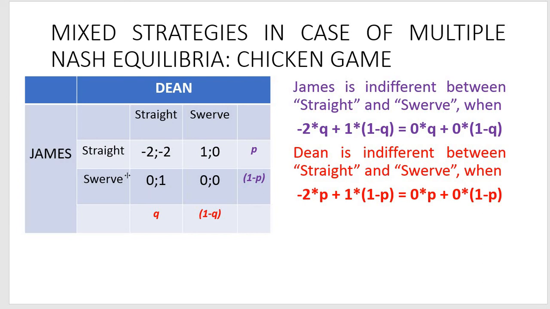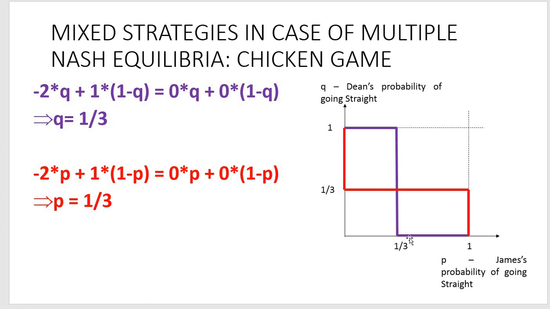The second one occurs when James decides to go straight. So his probability of going straight is equal to 1, and Dean's probability of going straight is equal to 0. So James goes straight and Dean swerves. Finally, here you have the intercept.